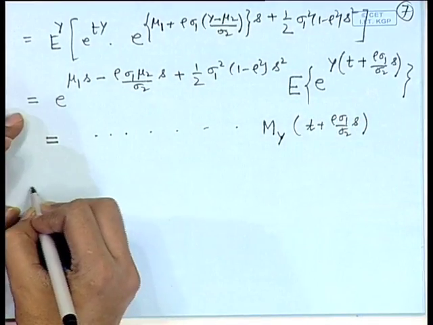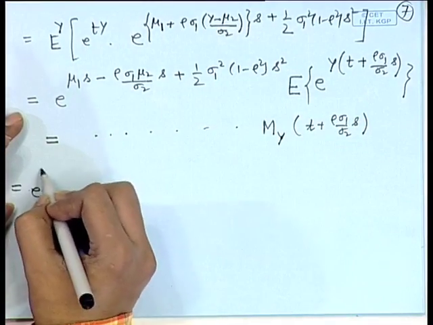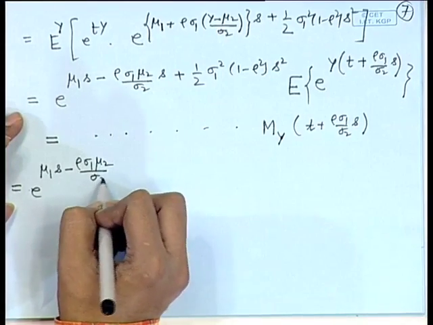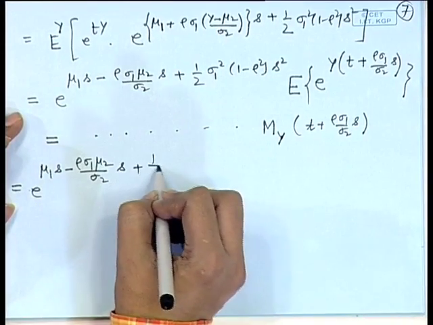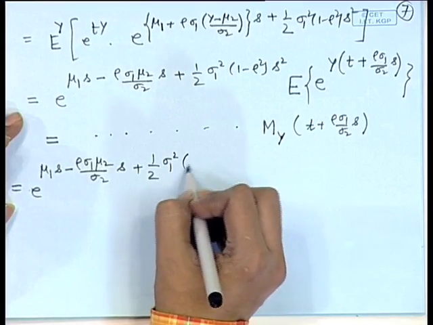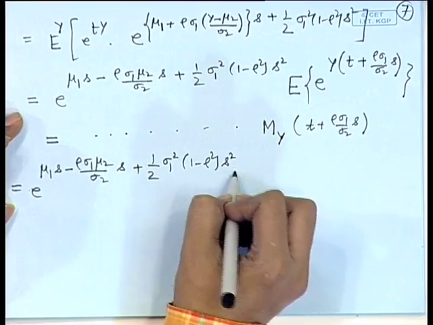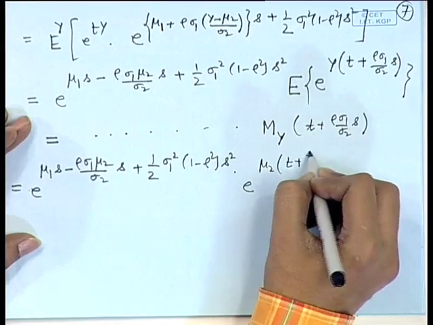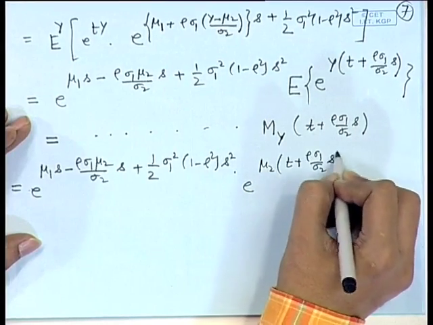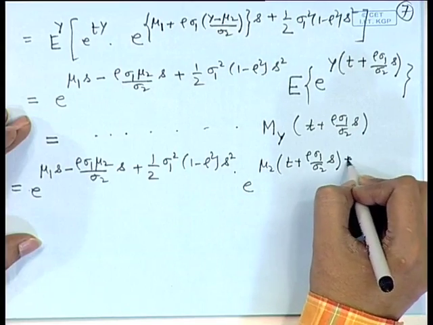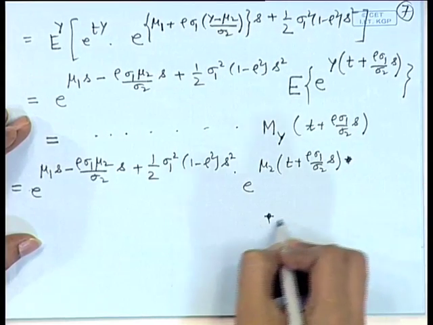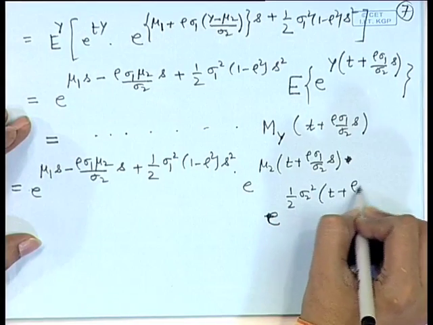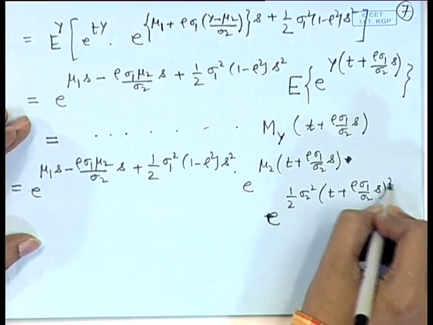So, we get it as e^(mu 1 s minus rho sigma 1 mu 2 by sigma 2 s plus half sigma 1 square (1 minus rho square) s square) times e^(mu 2 (t plus rho sigma 1 by sigma 2 s) plus half sigma 2 square (t plus rho sigma 1 by sigma 2 s) whole square).